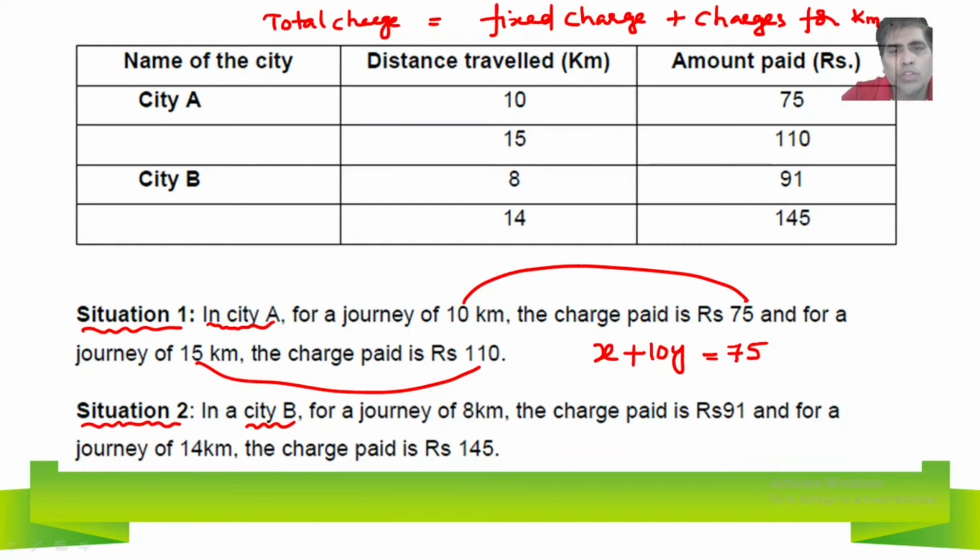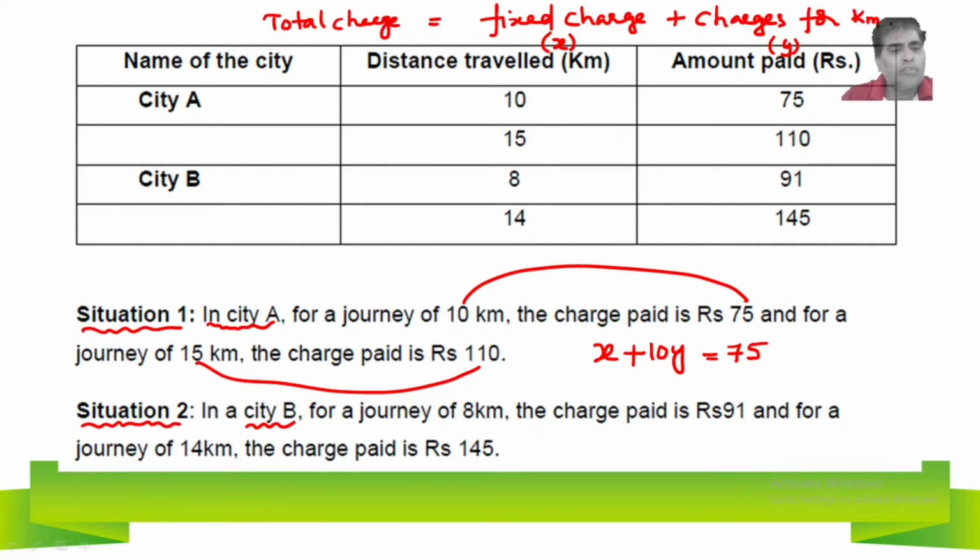Here we are assuming that the fixed charge is x and the charge per kilometer is y. These are the two variables. You can take any variables, but I am taking x and y here.